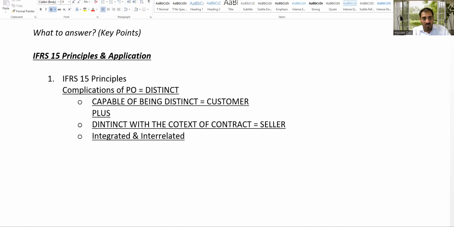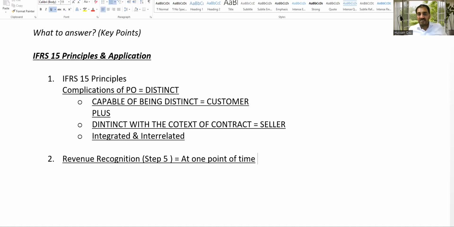So first of all, we have to consider the point in this manner: IFRS 15 principle of performance obligation. This is a drafting technique: first write the principle and connect with the case. Second point is revenue recognition, that is step 5, at one point of time.